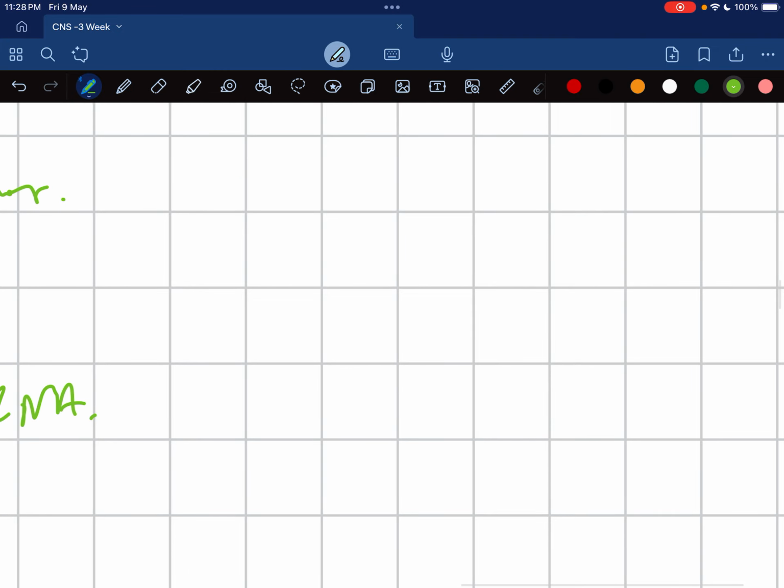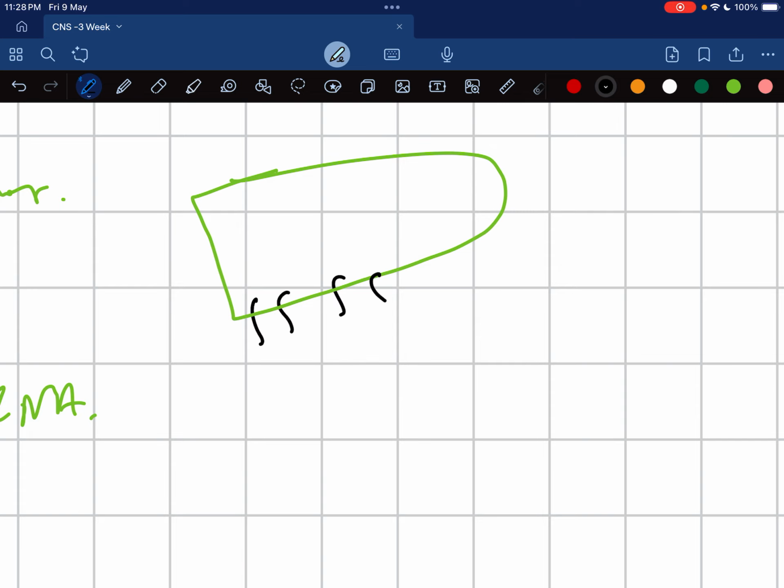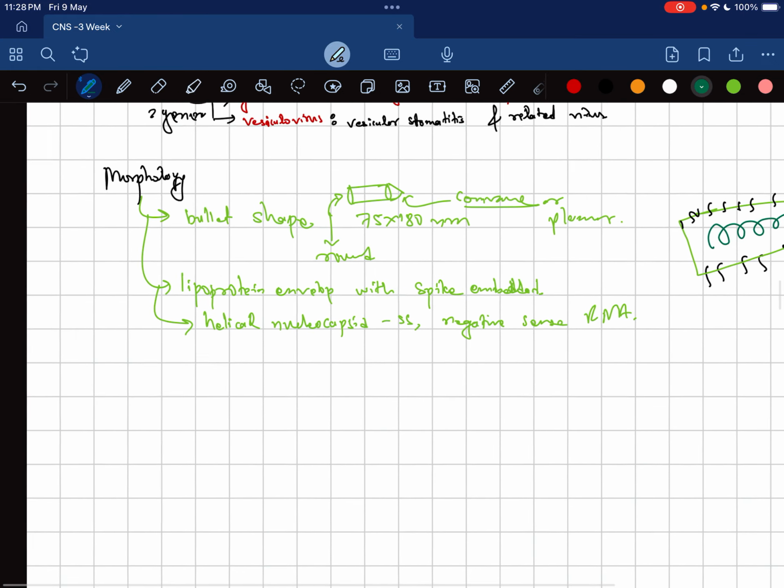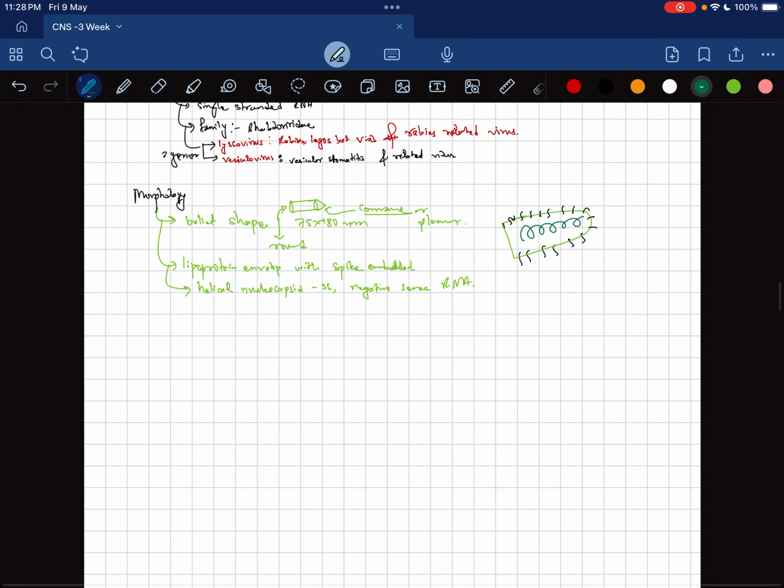When we draw the image, it looks like this, and there is the glycoprotein envelope. This is the polymerase and RNA.